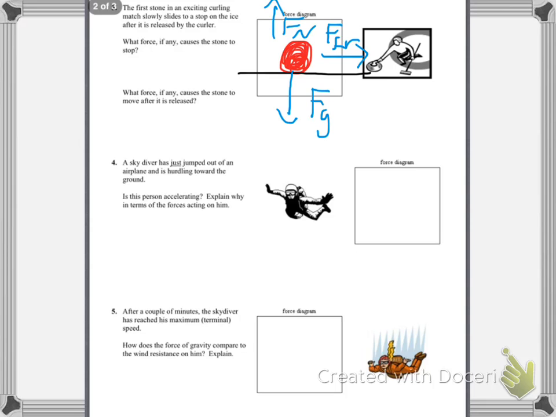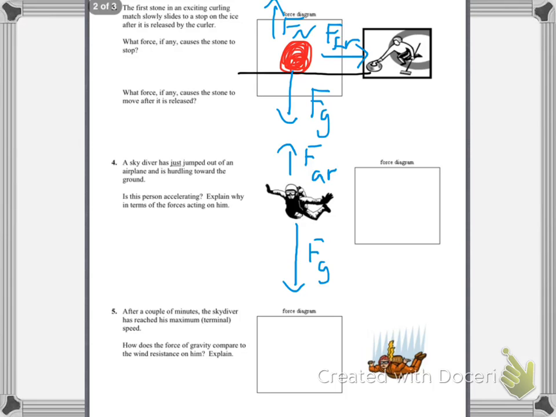As they're moving down, the force due to gravity will have to be greater than the air resistance. F AR, we'll call air resistance. This person is accelerating because their forces are not balanced. The force due to gravity is greater than the air resistance that is trying to keep that person from falling.